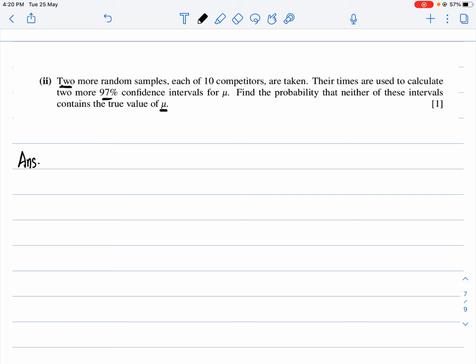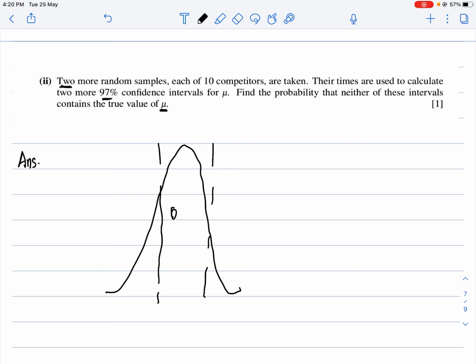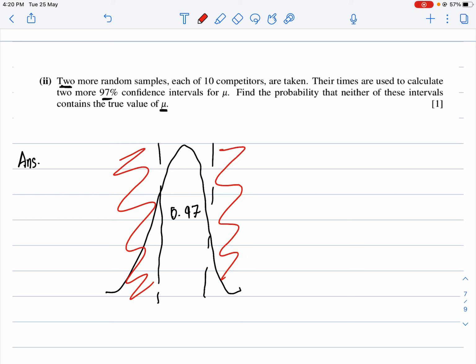Now only take one sample. One sample will have a normal distribution curve something like this, with 0.97 being here, and here I get this and this, which basically add up to 0.03, obviously, because 1 minus 0.97 is 0.03.